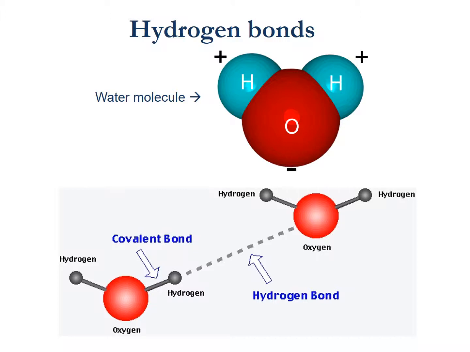Now, when you have multiple molecules of water together, they have an attraction between them, between the hydrogen and the oxygen. It is a weak bond, and that weak bond is called a hydrogen bond. It is a unique bond to water molecules. Hydrogen bonds themselves are weak individually, but the huge number of them in living organisms makes the bonds extremely important.